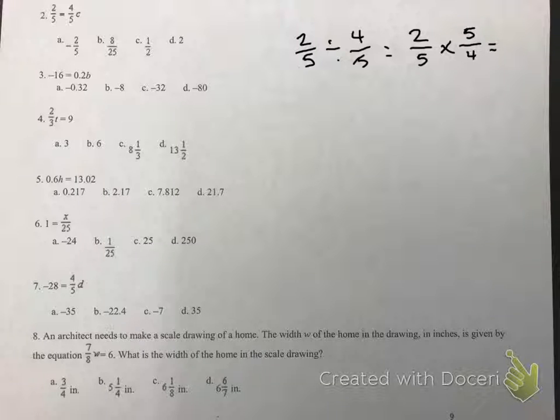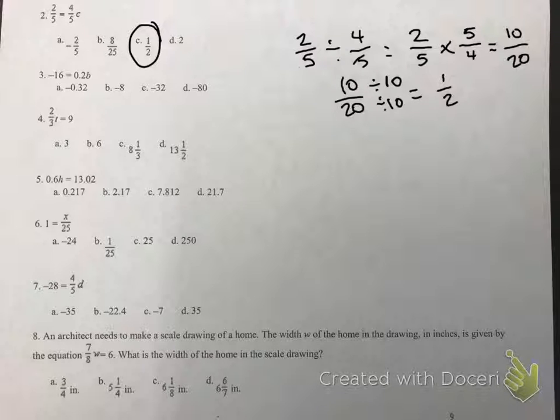So after we do our multiplying, we get 10 over 20. And after we simplify that, we can divide both of those by 10. We wind up with 1/2. Therefore, c equals 1/2. There's our answer.